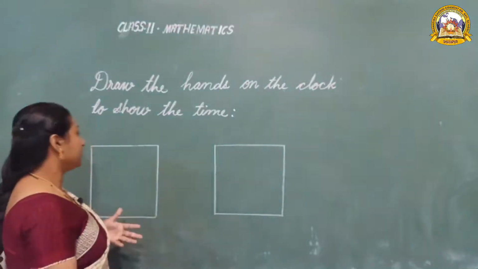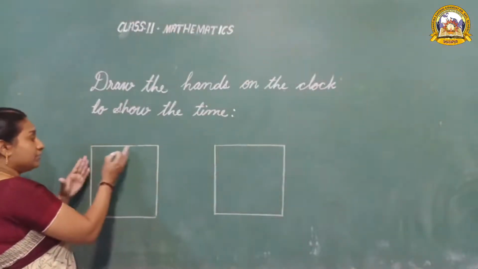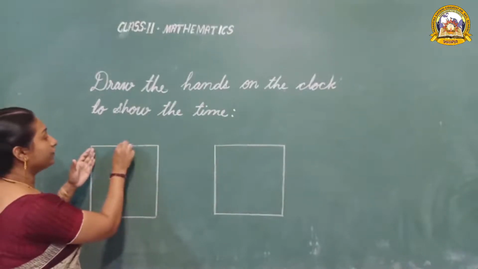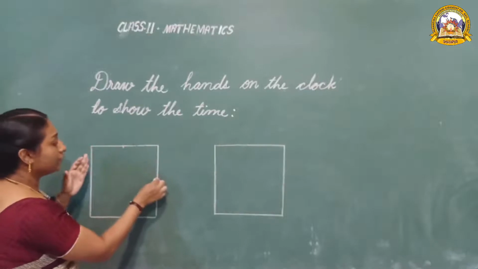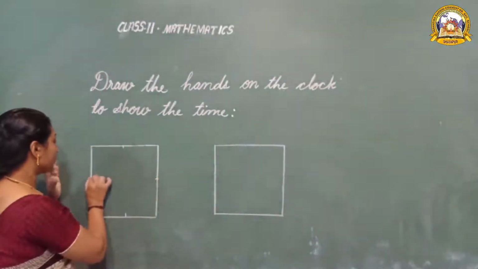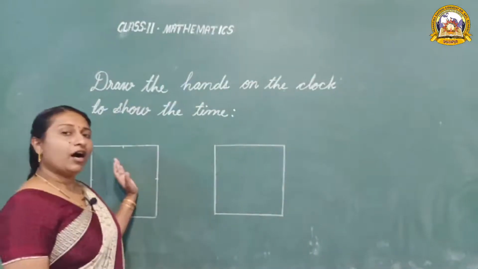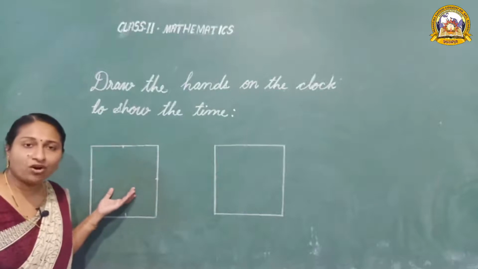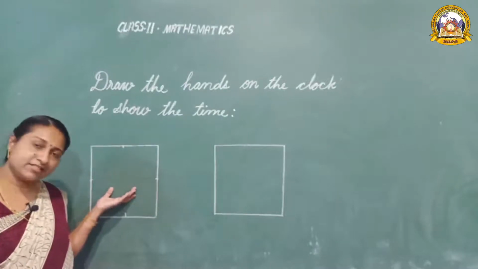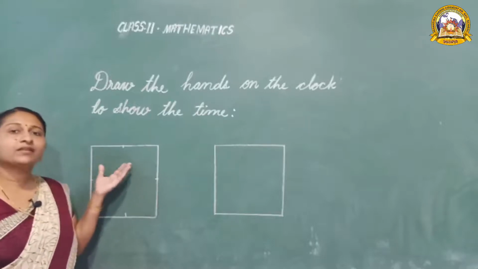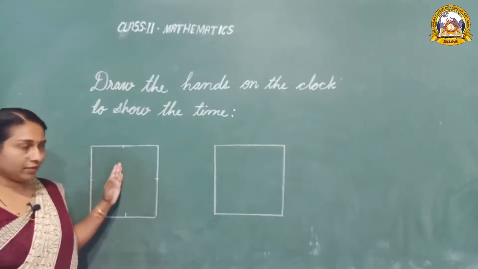Yes, you have seen. First step, we have to find the middle point of these 4 lines. Give small lines here. How many numbers can be seen on the clock? Yes, 12 numbers.